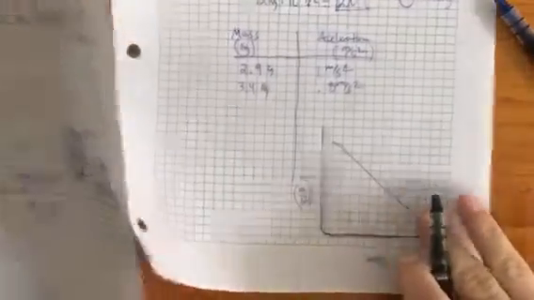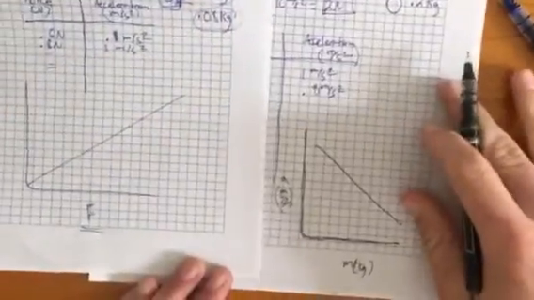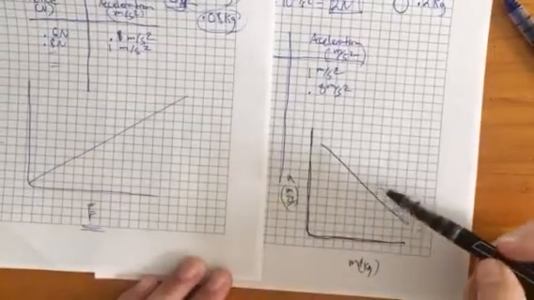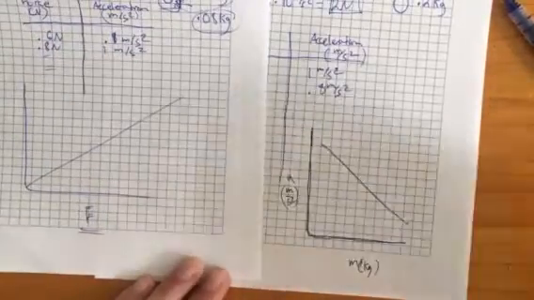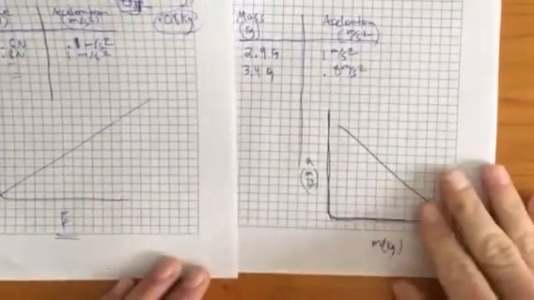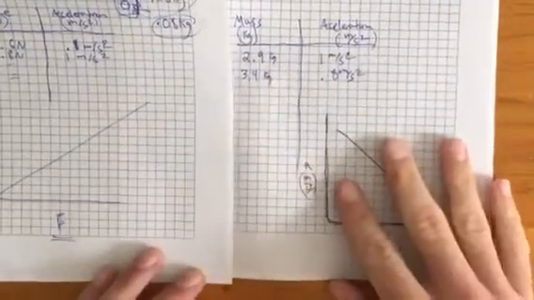So a good question to ask yourself is, looking at the direct relationship and the inverse relationship, how then were we able in class to derive Newton's second law from this experiment?